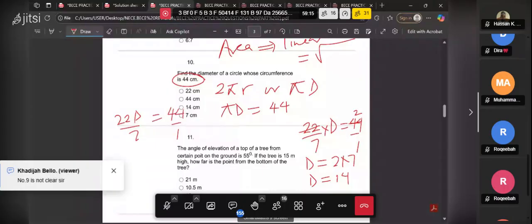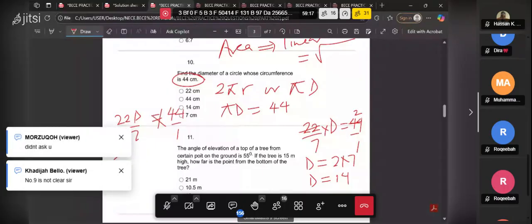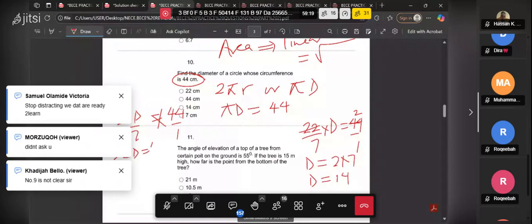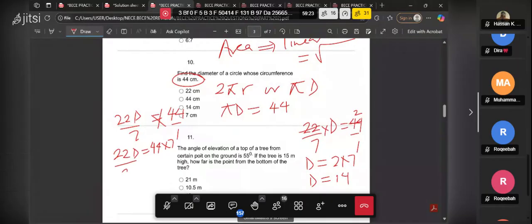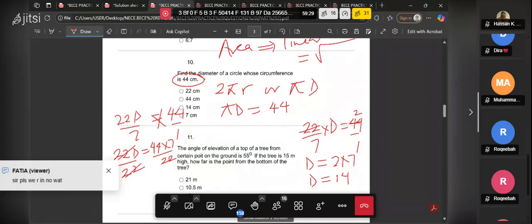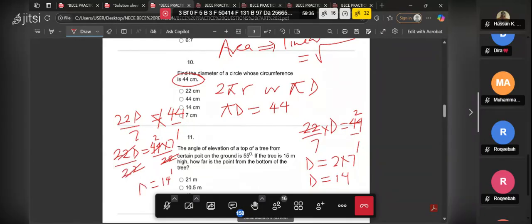So cross multiply, you have 22d equals 44 times 7. Divide both sides by 22. So 22 cancels 22, 22 here 1, 22 here 2. 2 times 7, that is 14. So the diameter is 14, which is this option here.